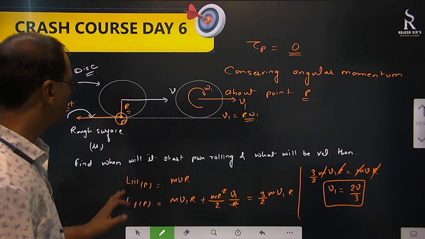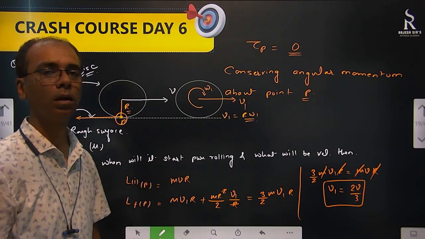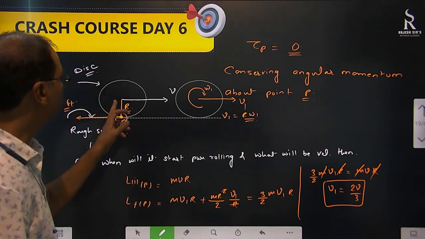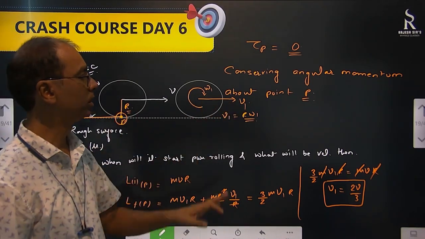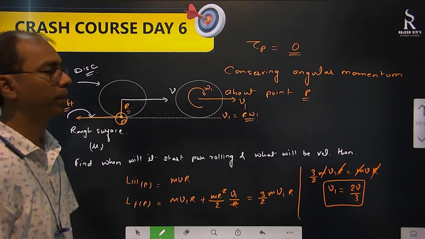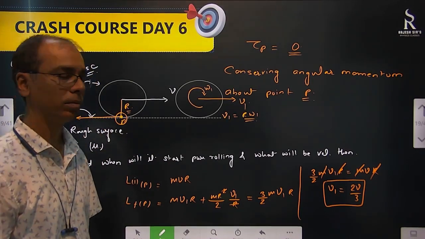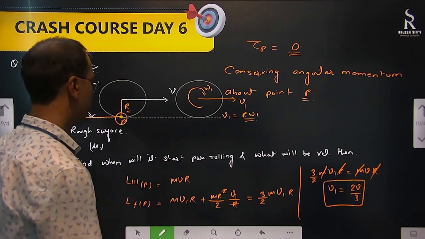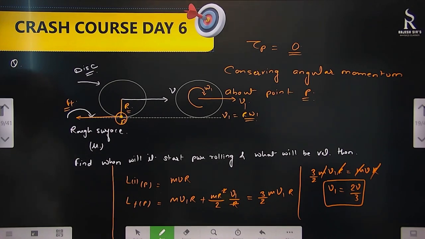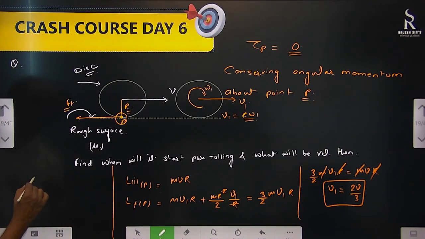Now the question was when it's going to start pure rolling. Here its velocity is V, here its velocity has become 2V by 3. Velocity has decreased. Who has done it? Friction. So can we get the time? Obviously we can. I am going to use the equation of kinematics, V equal to U plus AT.